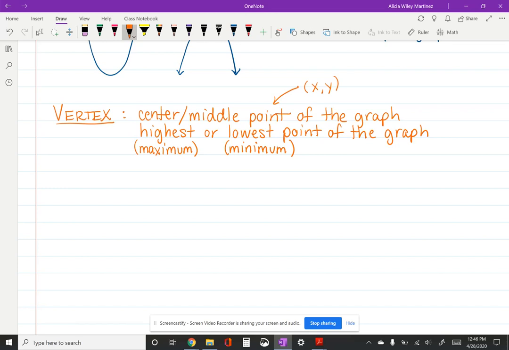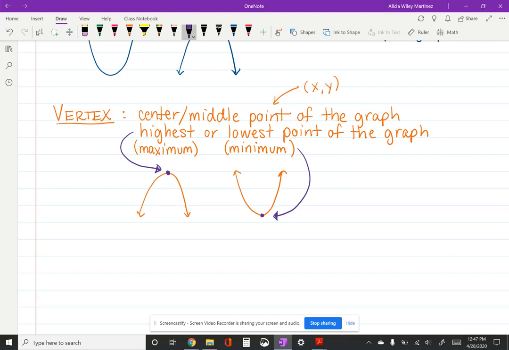Okay? So if you're looking at a picture of a parabola, if the parabola faces down, your vertex is going to be that center, highest, maximum point, right there. If your parabola faces up like this, your vertex is going to be the lowest or the minimum point of the graph.